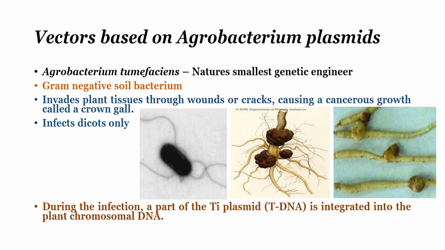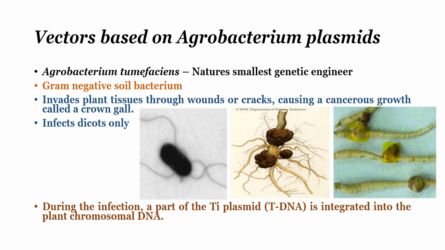Now, vectors based on agrobacterium. Agrobacterium is a very important bacterium which lives in the soil around the roots, and whenever it sees a crack or wound in the plant root or the stem area, it will try to dwell in, and as soon as it enters, it tries to create a niche for itself and results in the formation of a cancerous or tumor-like appearance on the plant, and that is called a gall.